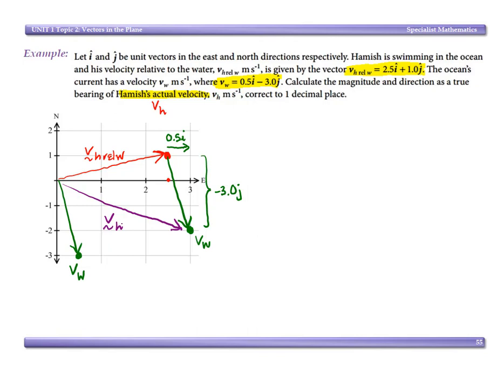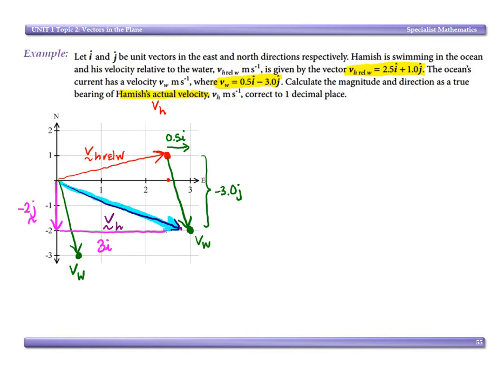Now without doing any calculations, if you had the diagram, you can see your answer. So if you're looking at that velocity vector for Hamish, I can use negative 2j and 3i.